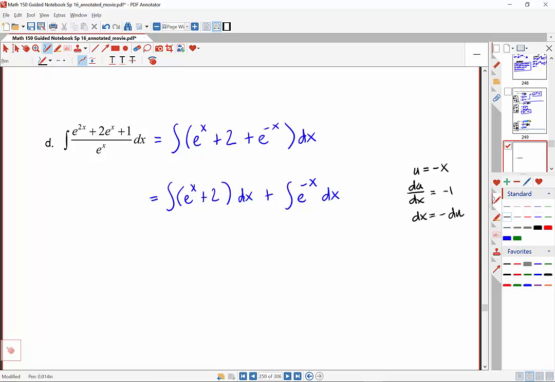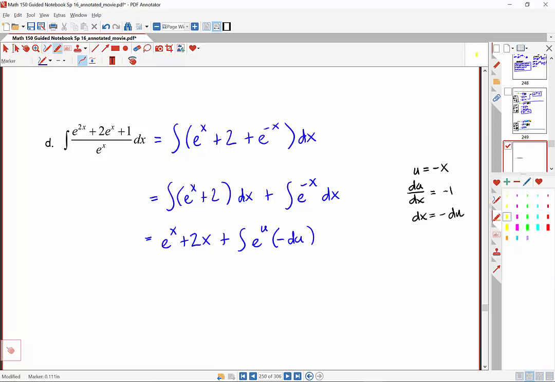Okay, so we're going to get e to the x plus 2x as the result of the first integral, and then plus the integral of e to the u times negative du. So this guy was the one that needed the little u substitution.